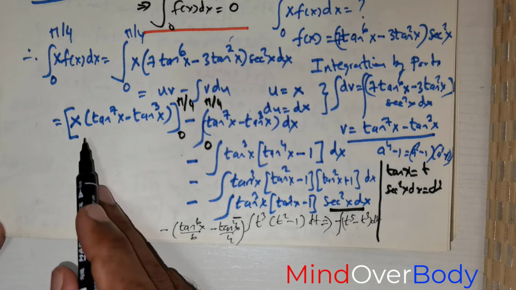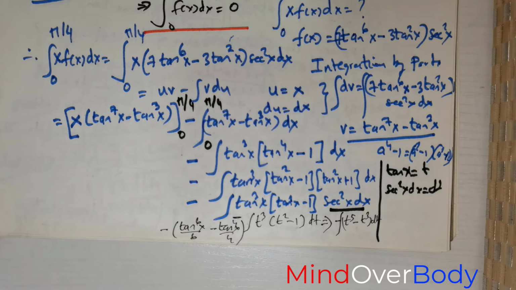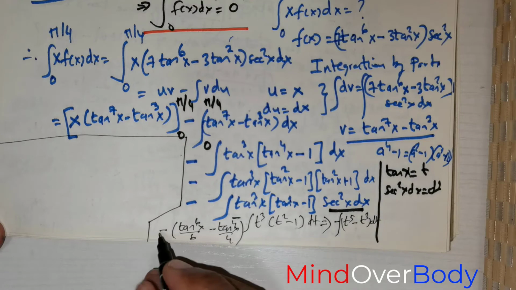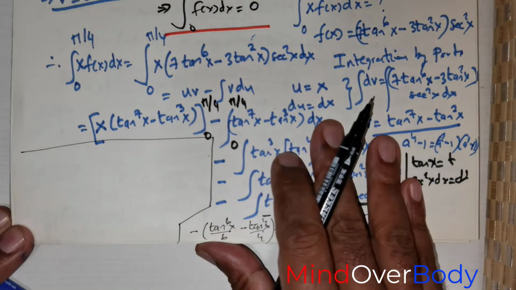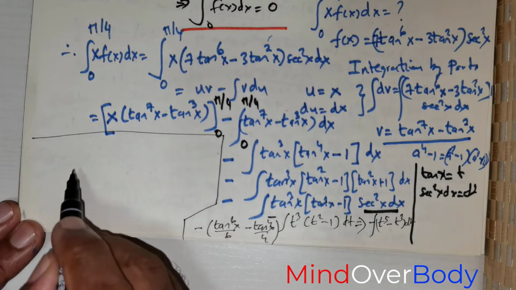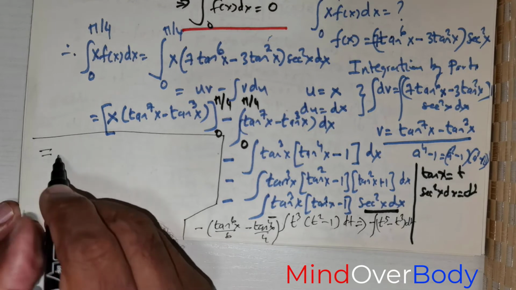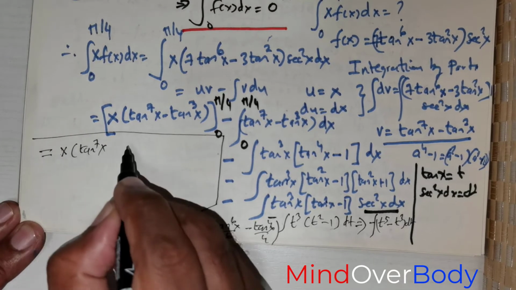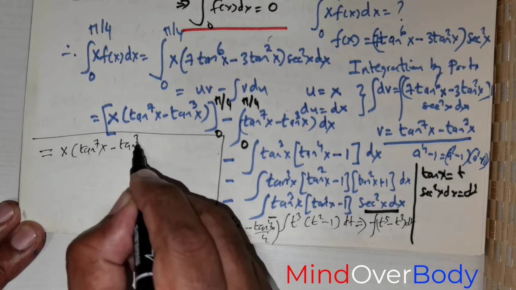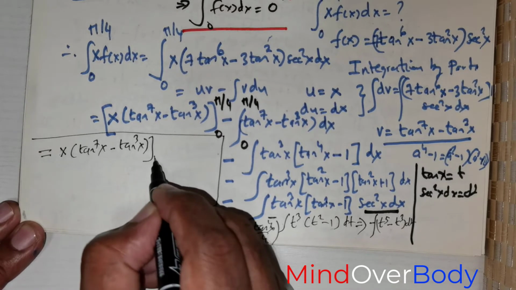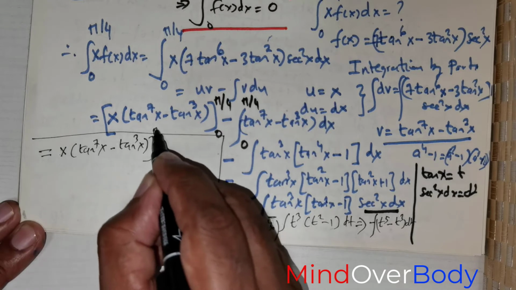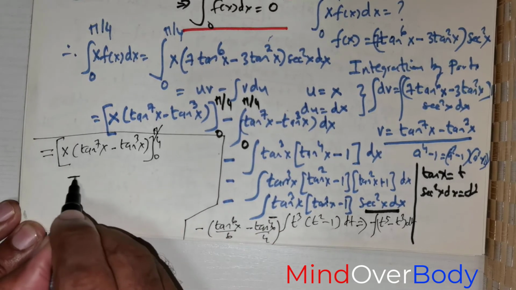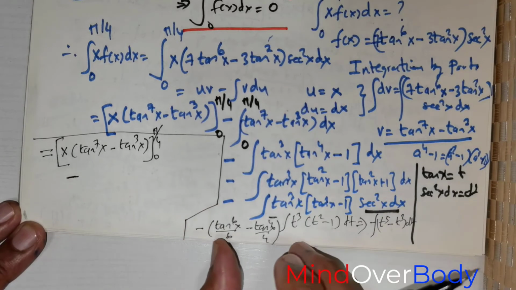So on the left hand side I've got this, right? So what I will do is I will use this space here. This is going to be equal to x times tan^7 x minus tan^3 x, with the limits 0 to pi over 4, followed by negative of this part, what we have just got.